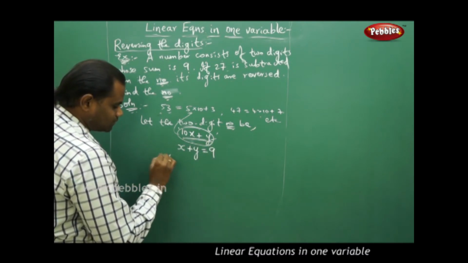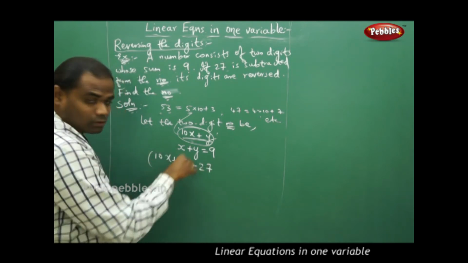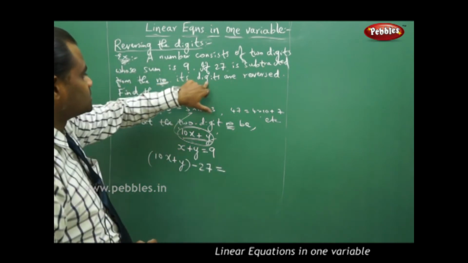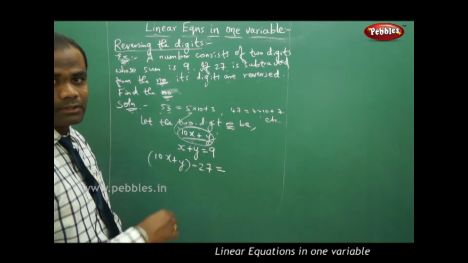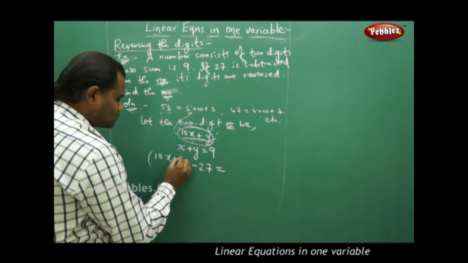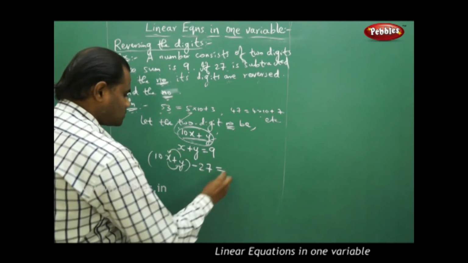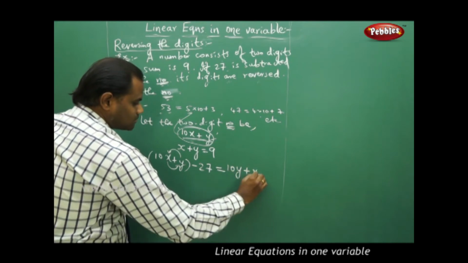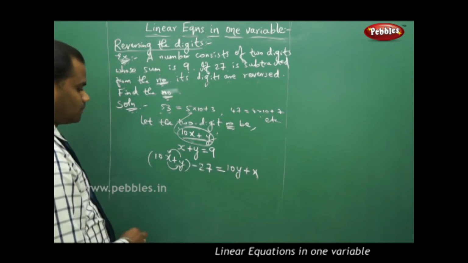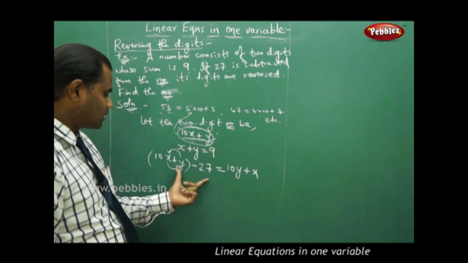So if 27 is subtracted from the whole number 10x plus y, I get this equal to its digits reversed. So y interchanges with x. I get 10y plus x, because x gets replaced with y and y gets replaced with x. Now this is strictly a linear equation in 2 variables, which we are going to solve using the conditions here.